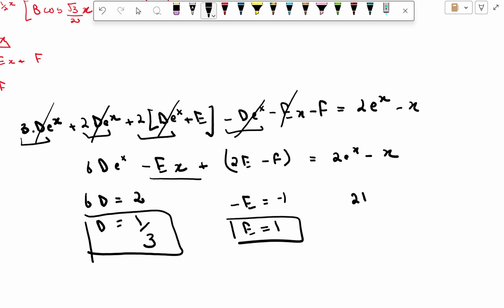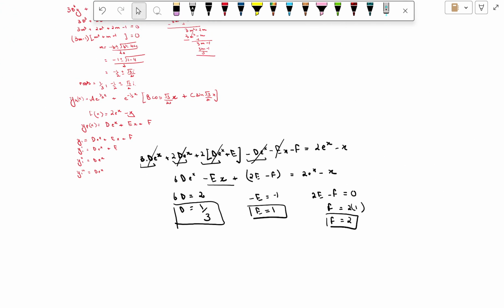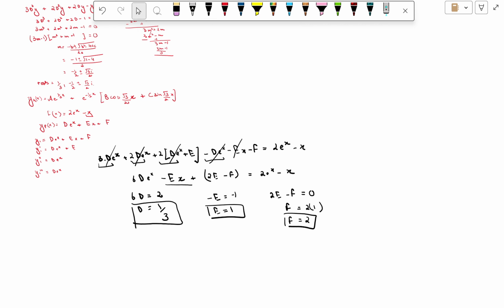And then 2e minus f equals 0 because there is no constant term, so f equals 2 times 1, 2. Now we have all the coefficients. So our particular solution is 1 by 3 e^x plus x plus 2.